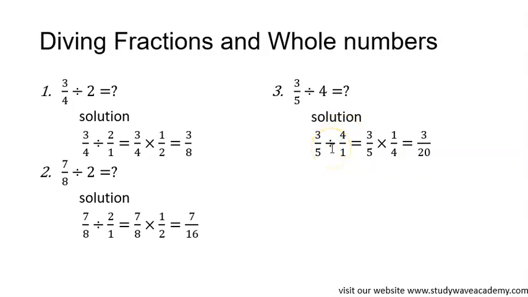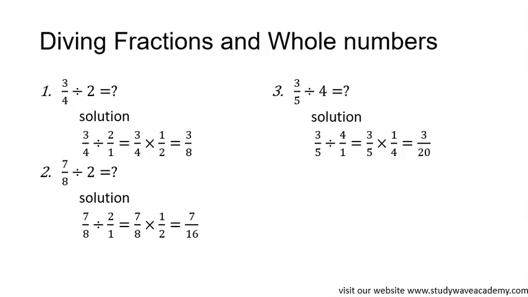Then the division sign changes to multiplication, correct? So we have 3 over 5 times 1 over 4. So we multiply. 3 times 1 is going to give you 3 and 5 times 4 is going to give you 20. So this is how you divide fractions by whole numbers, okay? When you have division on fractions and whole numbers, you can do it this way to get your correct answer, okay? I hope you're not confused and you understood everything we just said concerning dividing fractions and whole numbers.